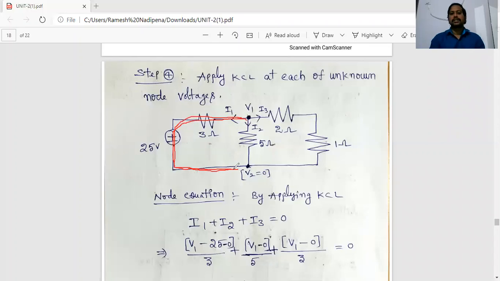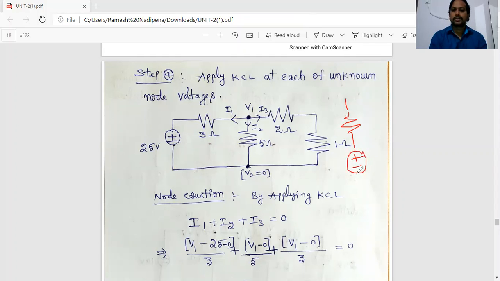Now see, I'll explain clearly. Please observe carefully, my students. Now here, let us consider that branch. So I'll consider here a 3 ohm resistance, next a 25 volt source.